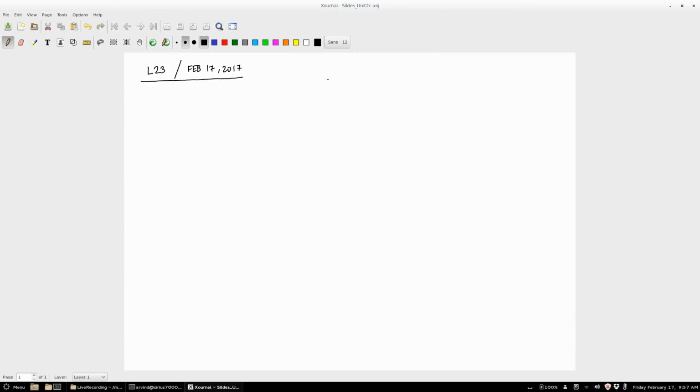So we are going to start the next unit, and this unit is going to deal with more advanced topologies.